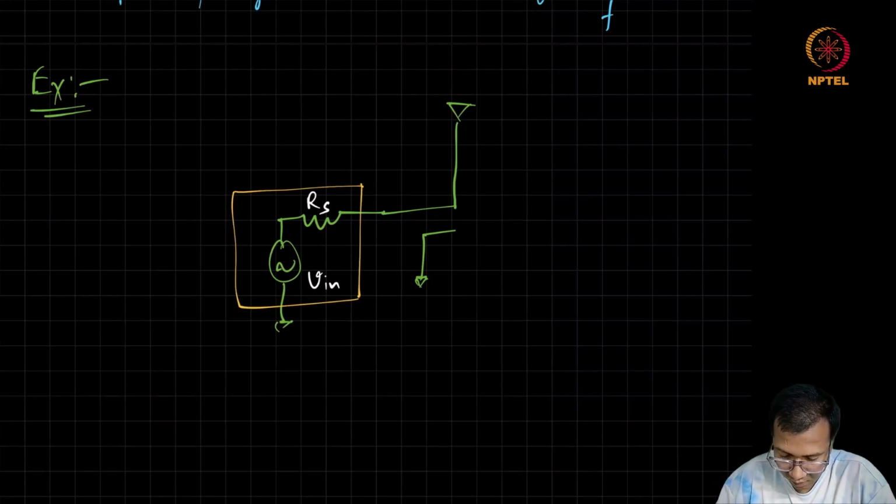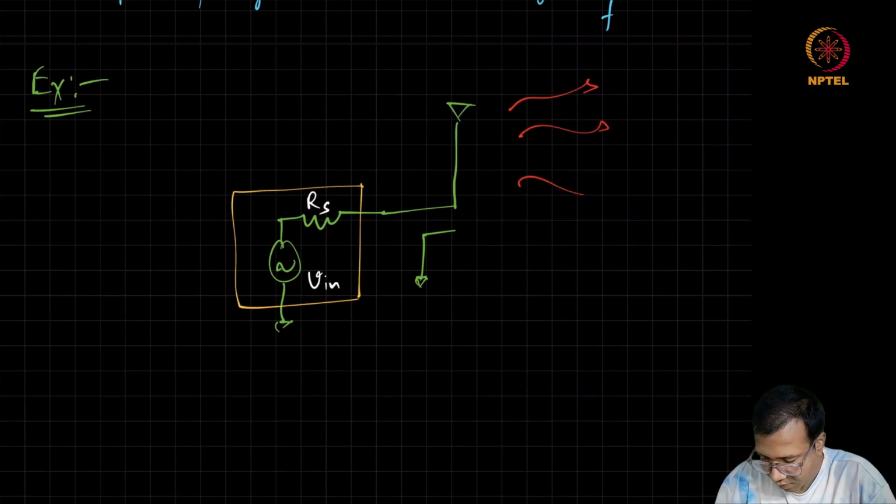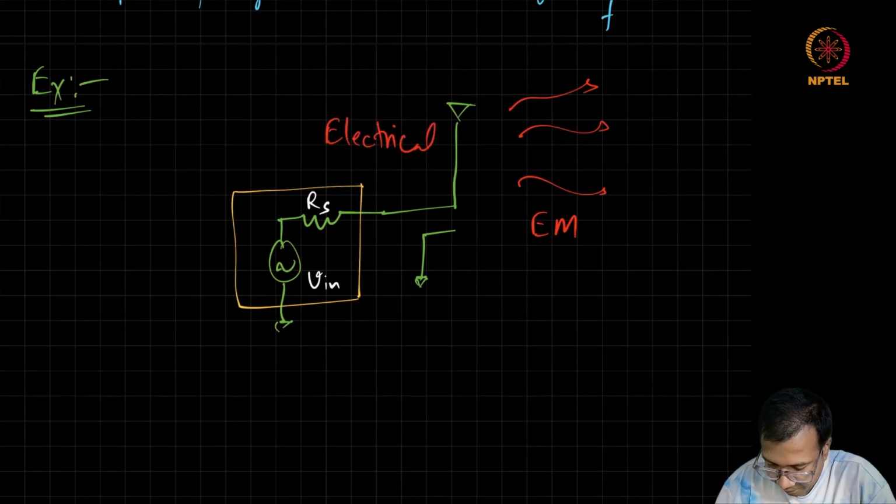And this antenna is going to accordingly generate these electromagnetic waves. On this side we have the signal in the electrical domain. Okay.